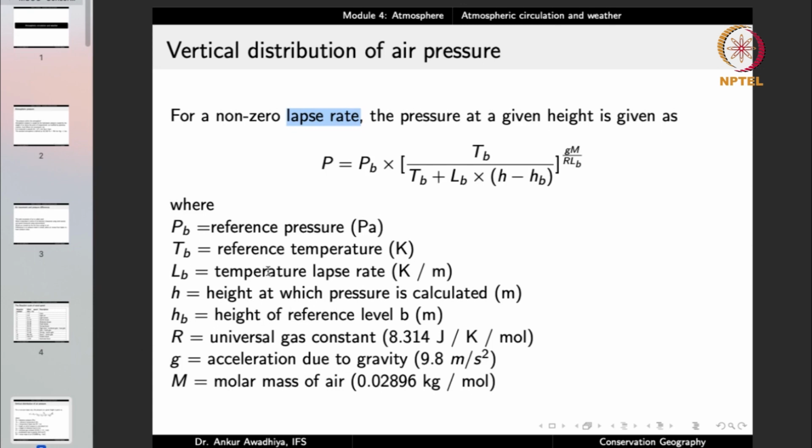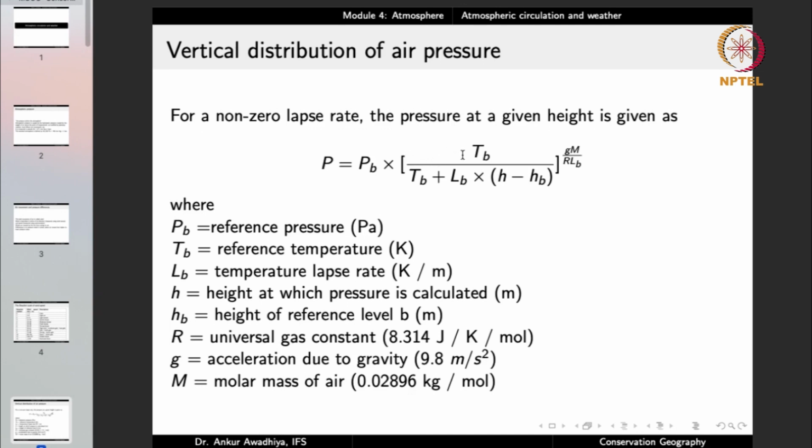Now, if you look at this formula, it tells you that as H increases above HB, so when H is greater than HB, it means that we are moving up. When we move up, this portion becomes a positive number. Once it becomes a positive number, this fraction is less than 1, and when it is less than 1, the pressure is reducing.